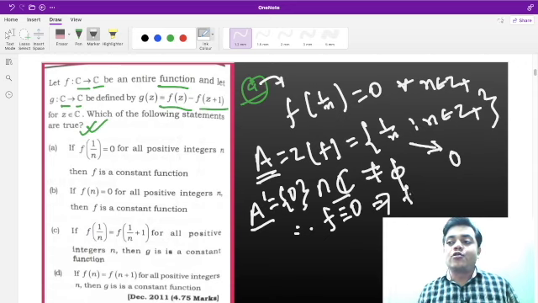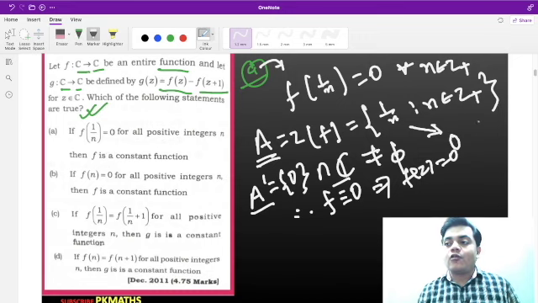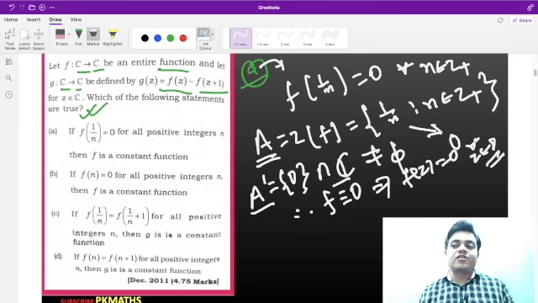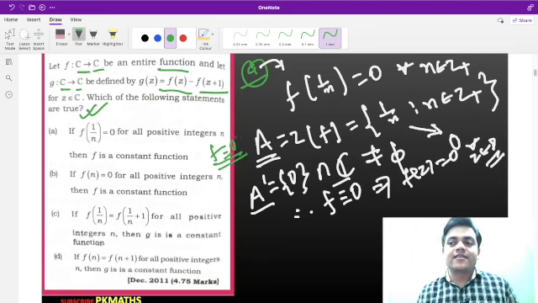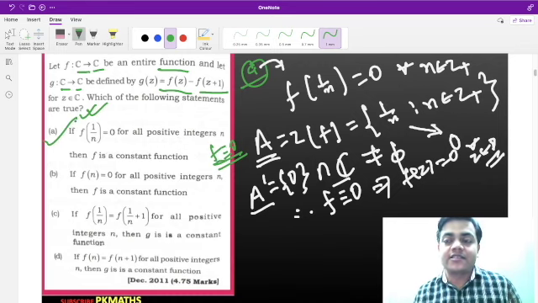It means your f of z is equal to 0 for all z belonging to D, and it concludes that f is equal to 0. f equal to 0 means certainly it's constant, because for any point from the domain its f image is 0. So A is right.